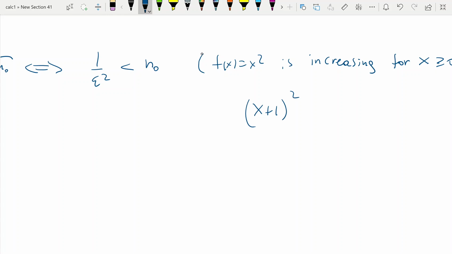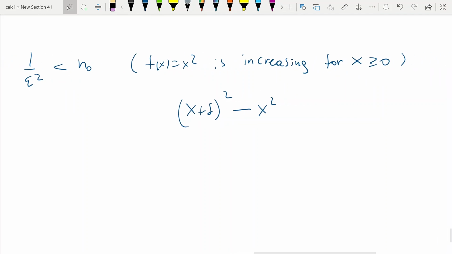You can replace this 1 by delta, and in fact, let's do it with delta. So if you have a number that is bigger than x, x plus some delta squared minus x squared, this is equal to, remember the binomial, x squared plus 2 delta x plus delta squared minus x squared.